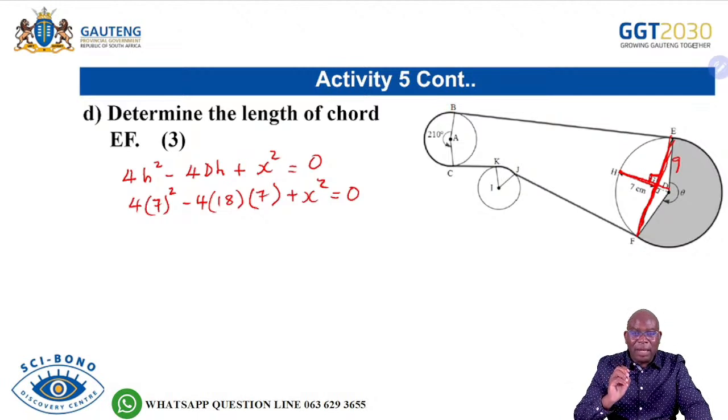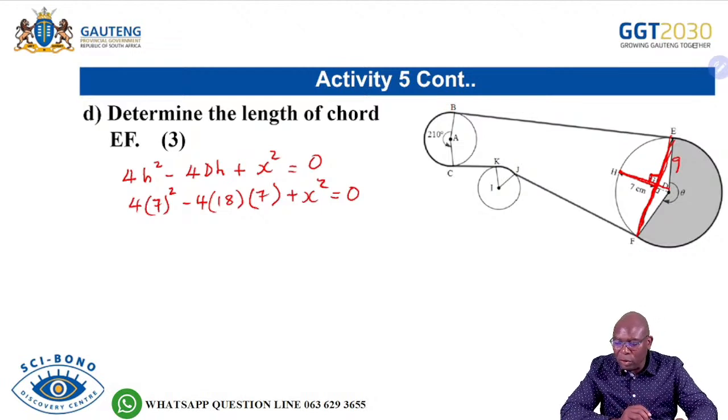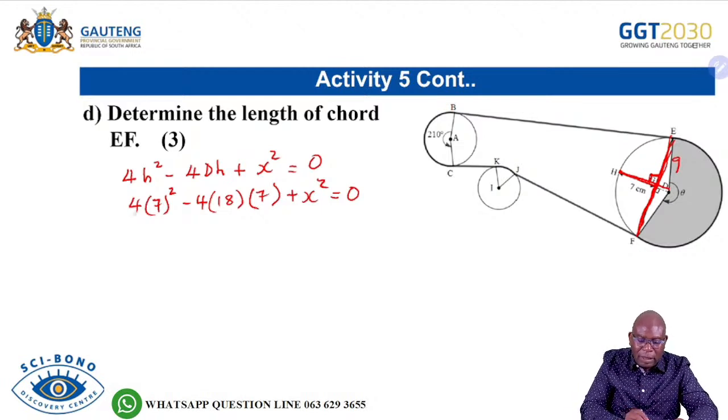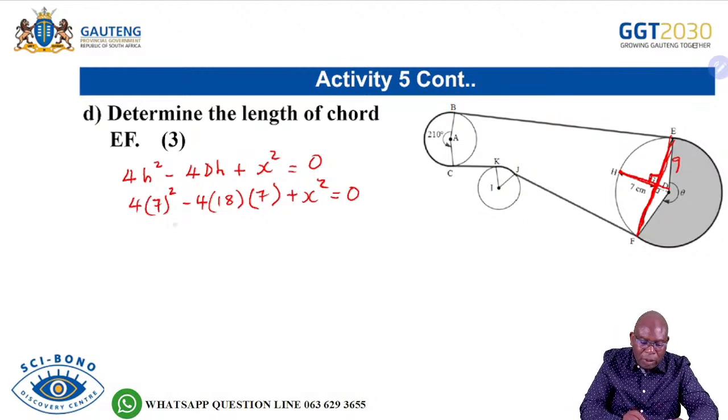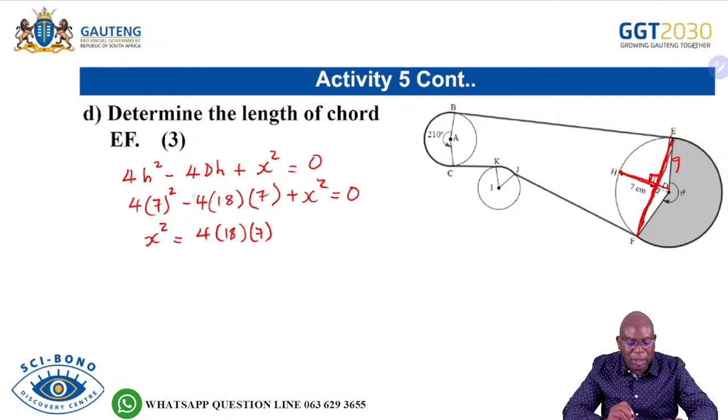What is key here is now how to find the value of x. For me to find the value of x, everything else there must go to my right hand side. So I'm going to have x squared equals 4 into 18 times 7, because that was minus, it goes that side, becomes positive.